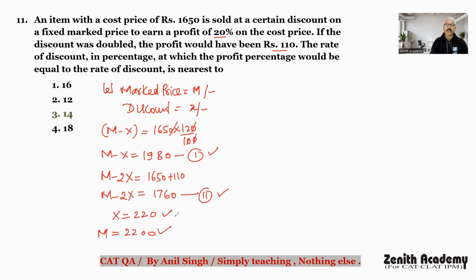So now we have the value of x and the value of M. Now it is given the rate of discount in percentage. Means कि जो मार्क प्राइस है इस मार्क प्राइस पे जितने परसेंट का डिस्काउंट मिला है द रेट ऑफ डिस्काउंट इन परसेंटेज at which the profit percentage would be equal to. Okay, at which the profit percentage would be equal to what?